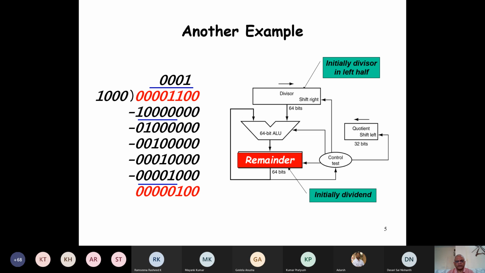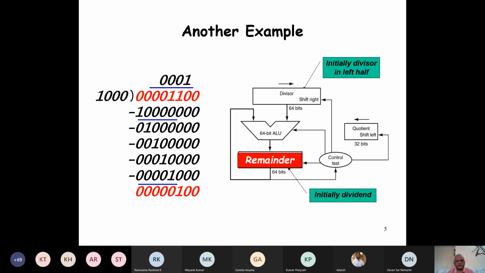I'm not discussing a 32-bit because there are too many bits here. I'm just explaining with a 4-bit number. So we are trying to divide 1100 by 1000. Dividend is 1100, divisor is 1000.